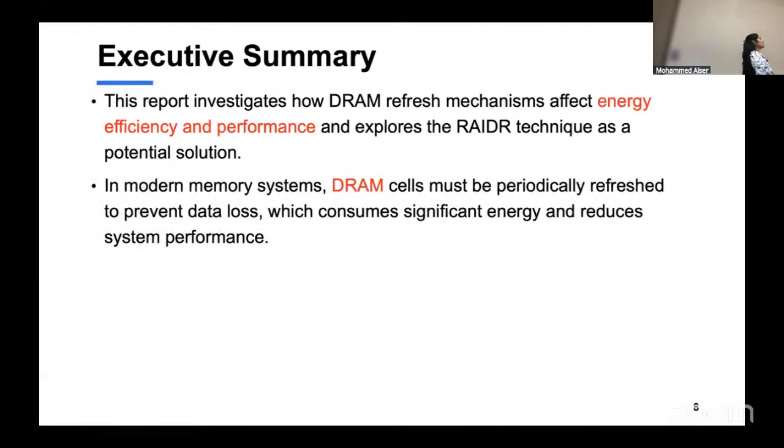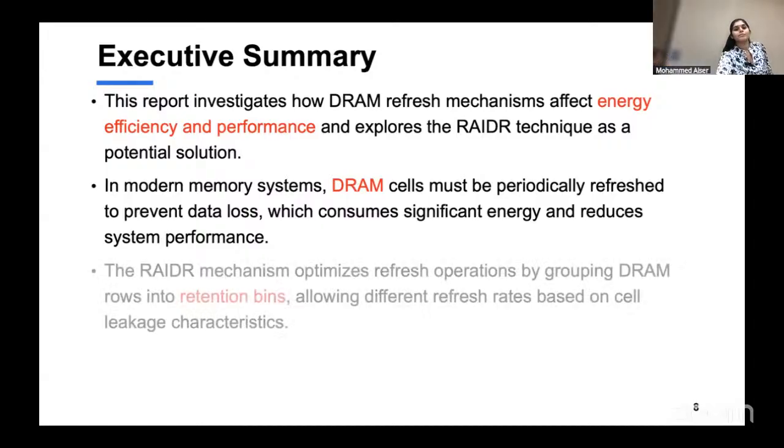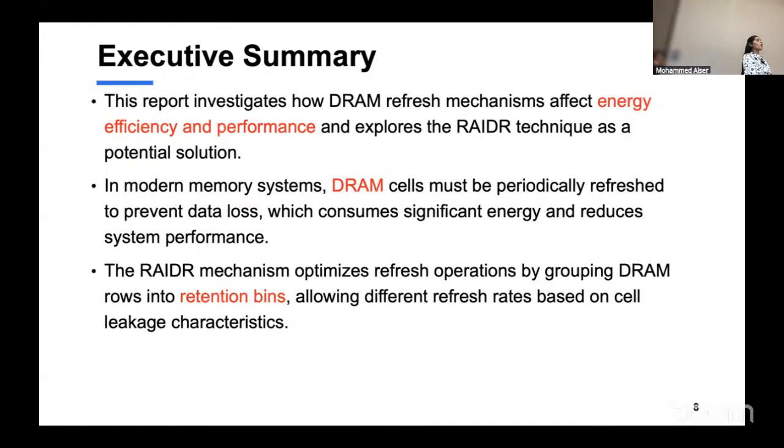So in modern memory systems, DRAMs must be refreshed periodically, which consumes significant energy and reduces system performance. The RAIDR mechanism optimizes this problem by minimizing the refresh operations by grouping the DRAM cells into retention bins.